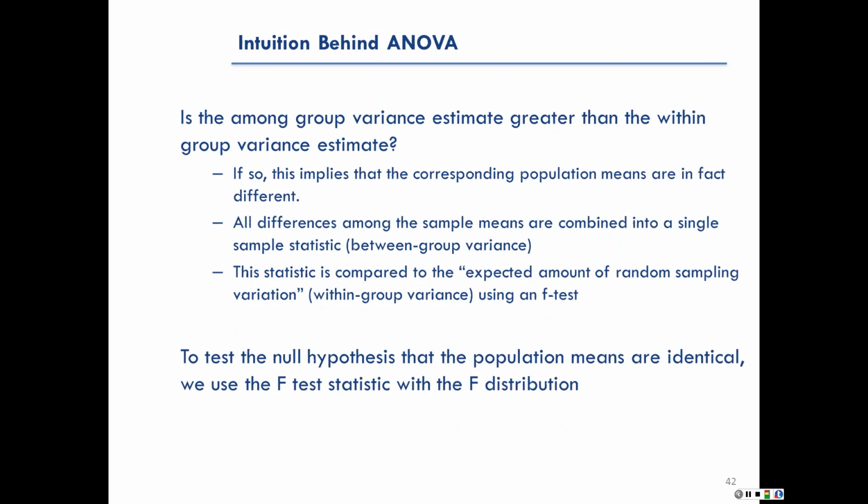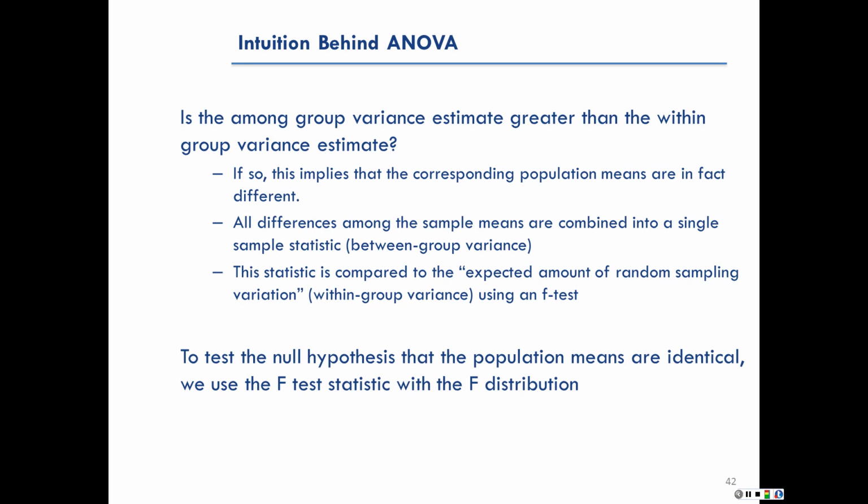So what's the intuition behind ANOVA? The basic question we're asking is, is the among group variance estimate, so the variance between these groups, greater than the within group variance estimate, so the amount of variance within each group?